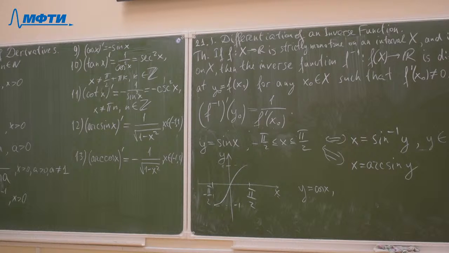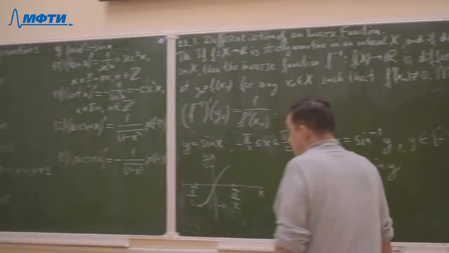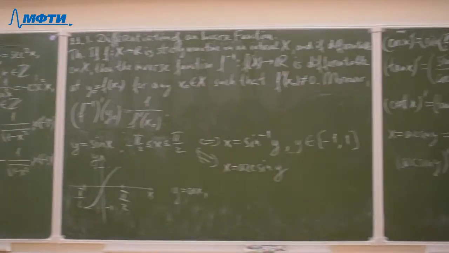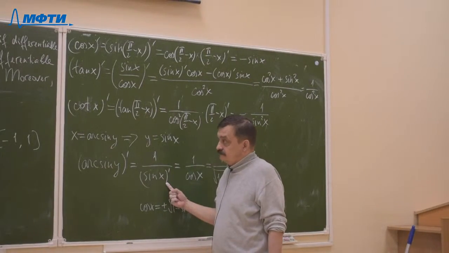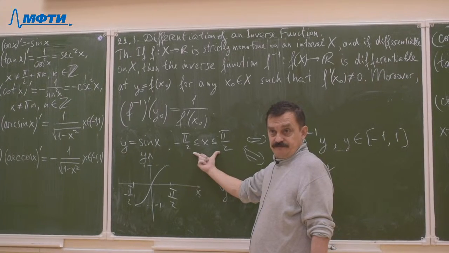Why was arcsine restricted to exclude minus 1 and 1? Because the derivative of sine is equal to 0 at the boundary points.